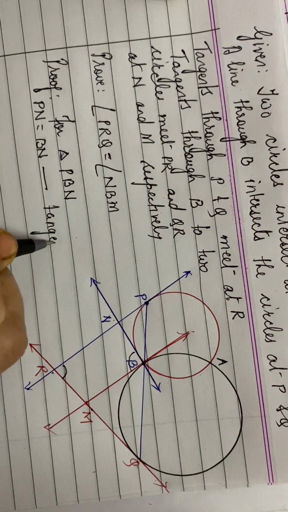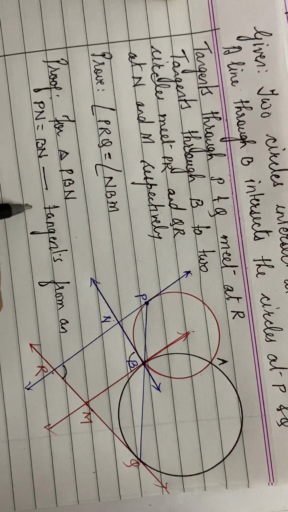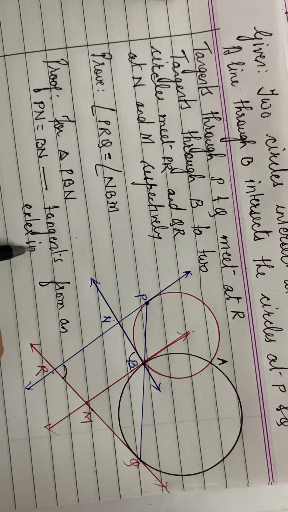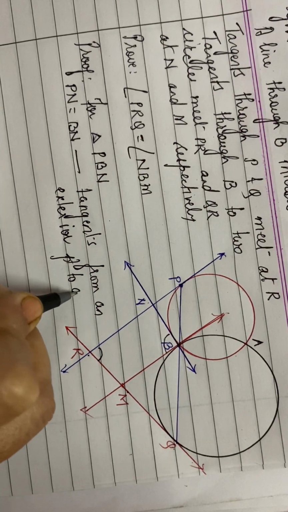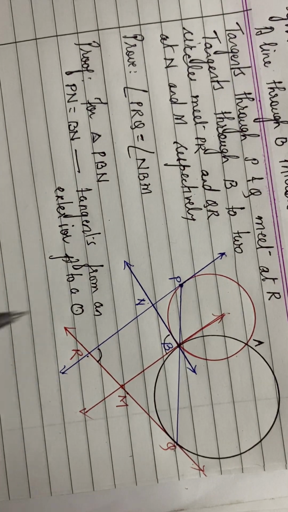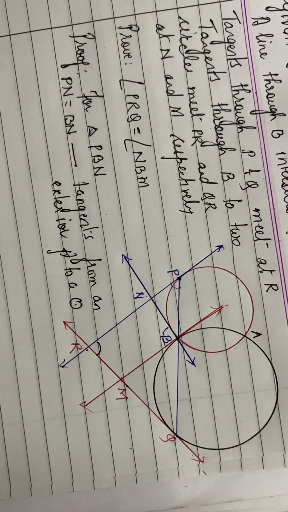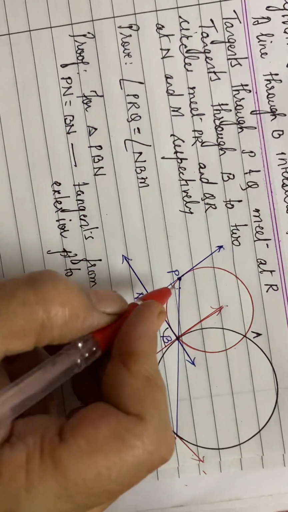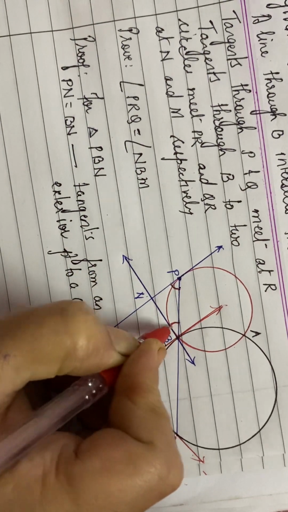Now, if these two sides are equal, naturally the base angles will be equal. Why? Because the triangle becomes an isosceles triangle.